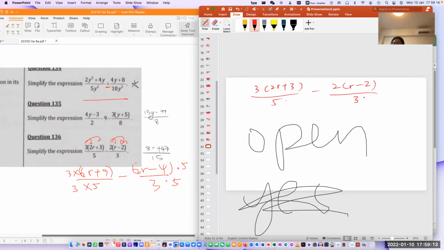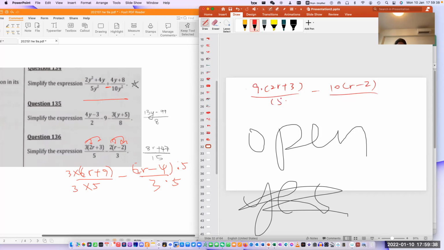So I know that this is 5, this is 3, so I need to times a 3. I need to times a 5. So can you see that this 3 times 3 is 9. 5 times 2 is 10. And then of course below is 15.